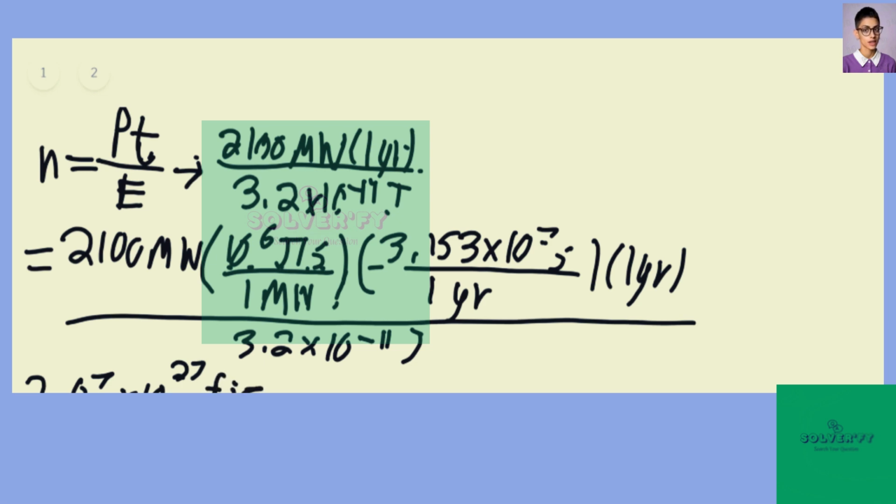To put this into a more familiar form, the required number of nuclei for 1 year is that 2.07 times 10 to the 27th. The mass of a uranium-235 nucleus is 4.0 times 10 to the minus 25th kilograms per fission. We can find the total mass required.